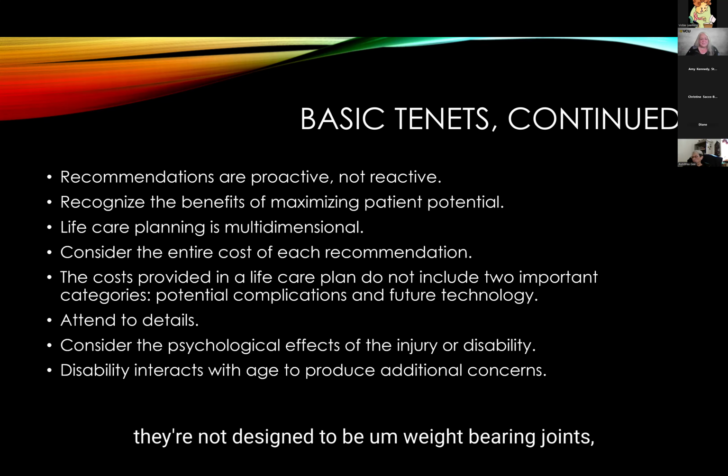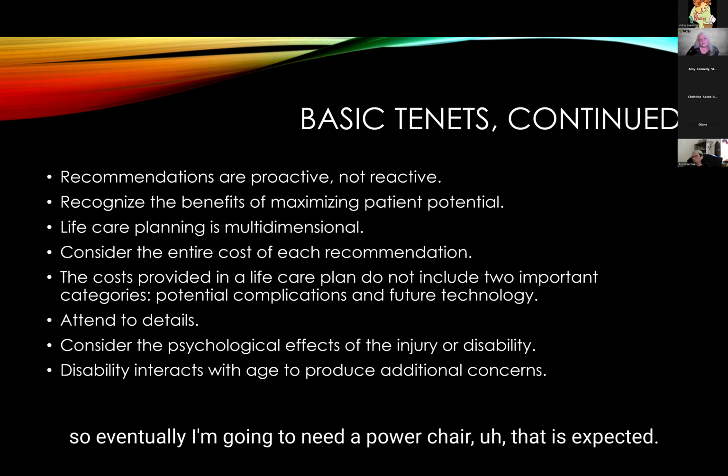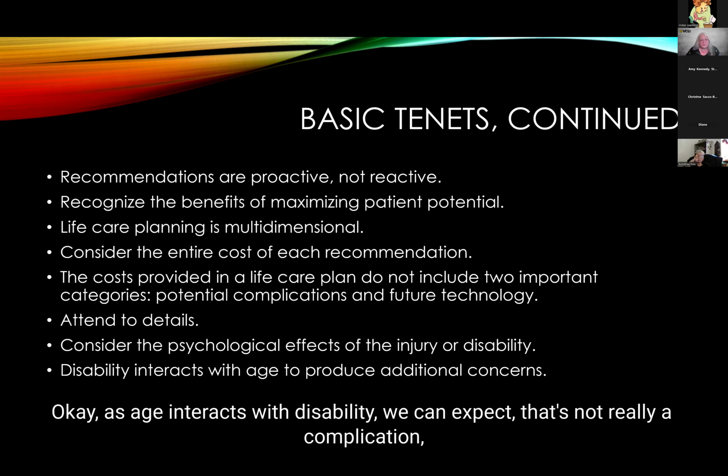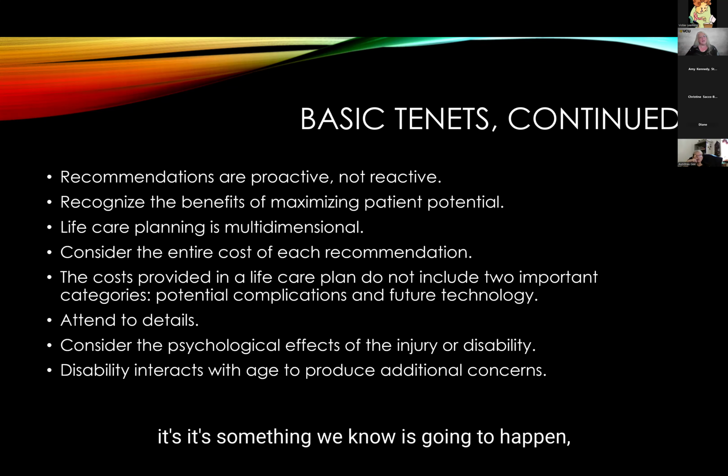They're not designed to be weight-bearing joints. So eventually, I'm going to need a power chair. That is expected. As age interacts with disability, we can expect that. That's not really a complication. It's something we know is going to happen.